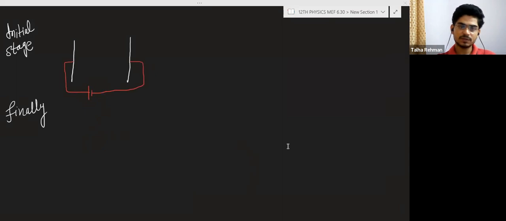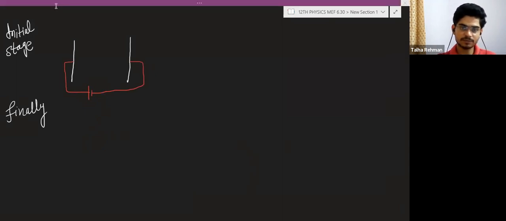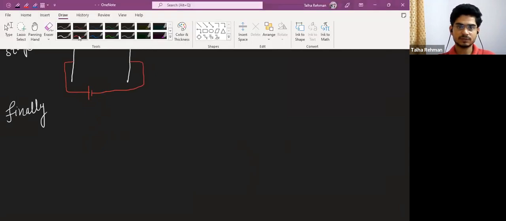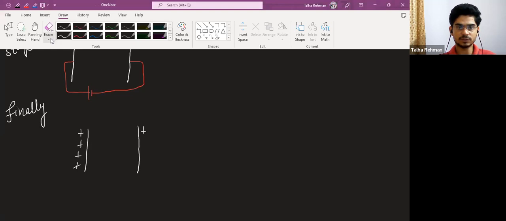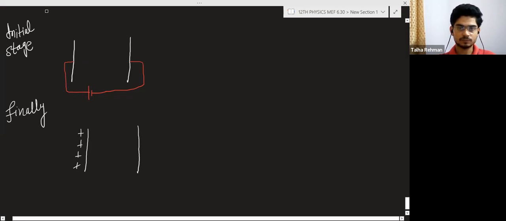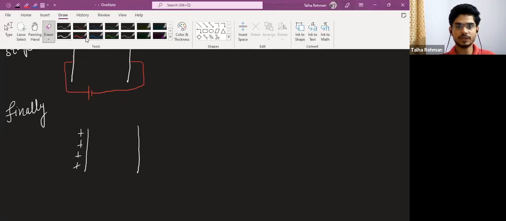This is the capacitor. This battery will charge the capacitor. This is one plate, this is another plate. Here we will get some positive charge, and here we will get a negative charge after connecting to the battery.